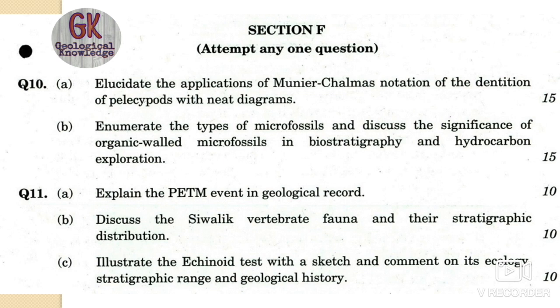And question number 11a deals with: explain the PETM event in the geological record. Question 11b: discuss the cephalic vertebrate fauna and their stratigraphic distribution. And question 11c: illustrate the echinoid test with a neat sketch and comment on its ecology, stratigraphic range as well as geological history.